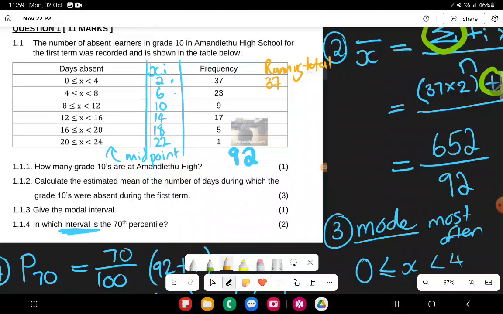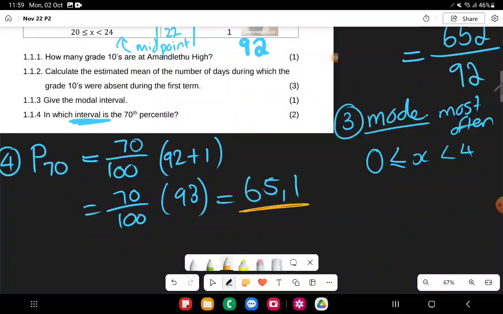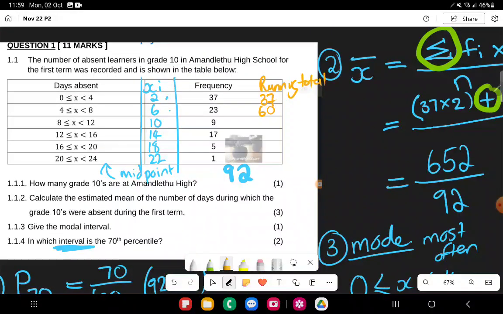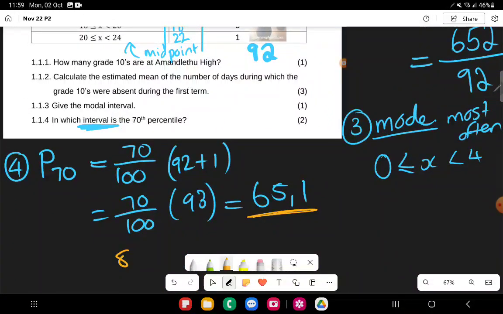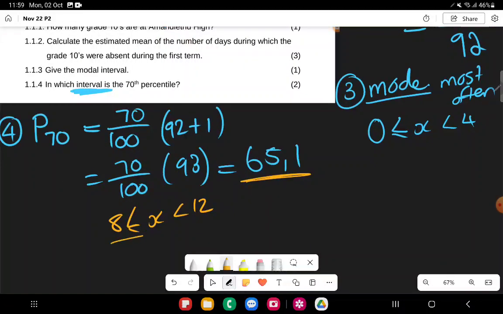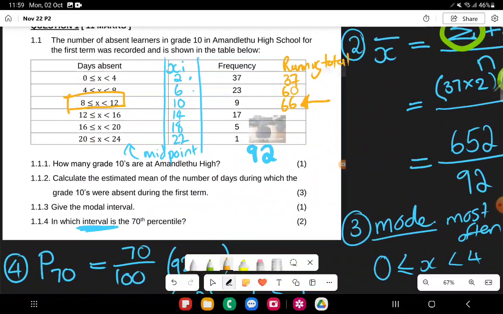Then 37 plus 23 is 60. And I am looking for 65. 60 plus 9 is 69, and 65 will be in that category. The previous one ends at 60, and this one starts at 61. So my answer is between 8 and 12.